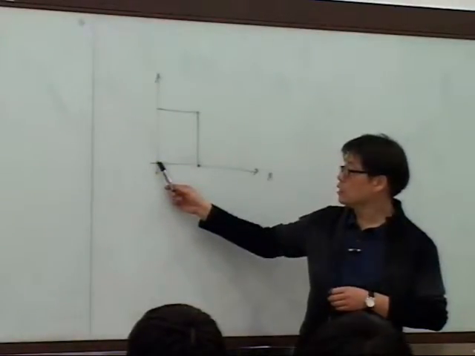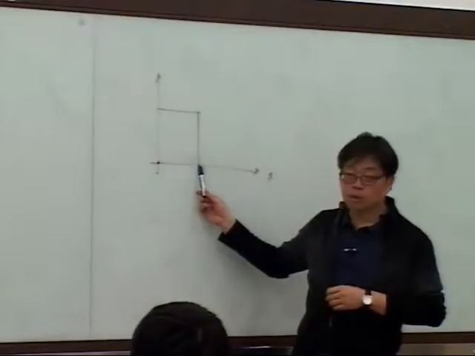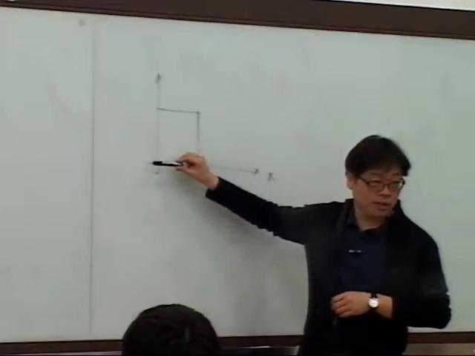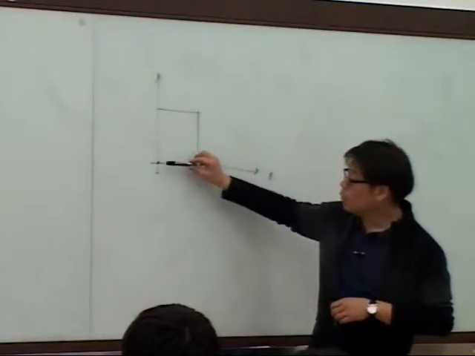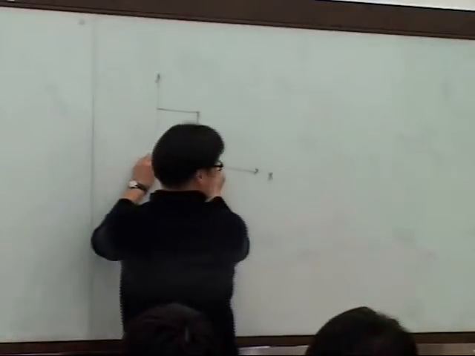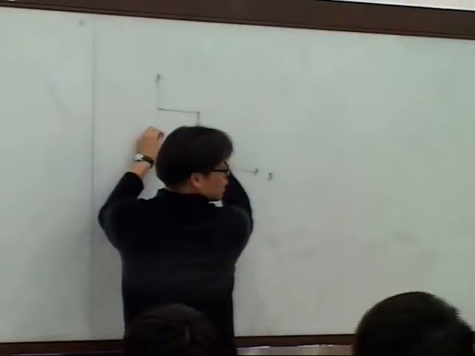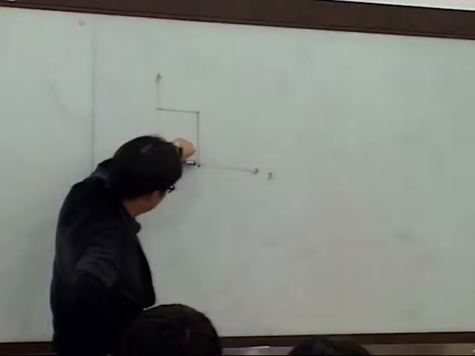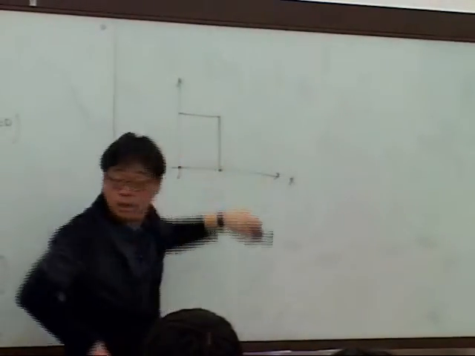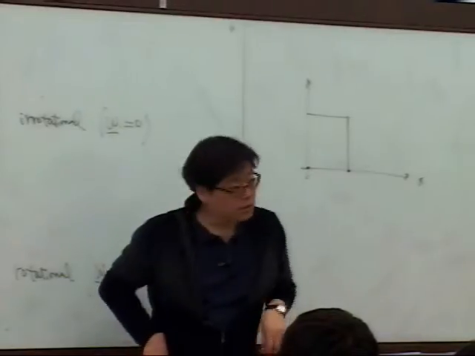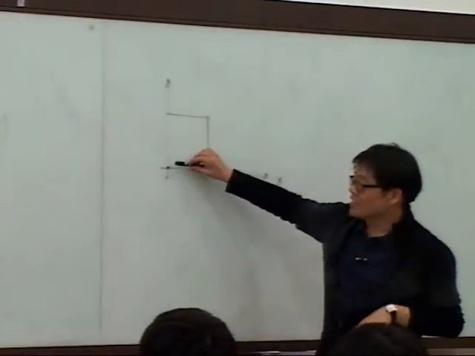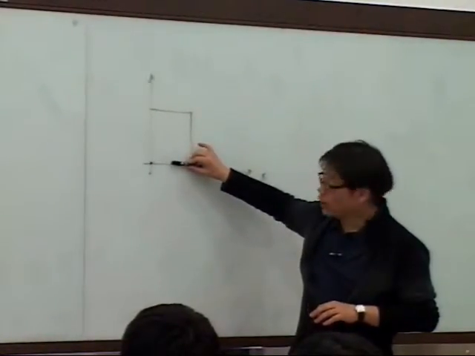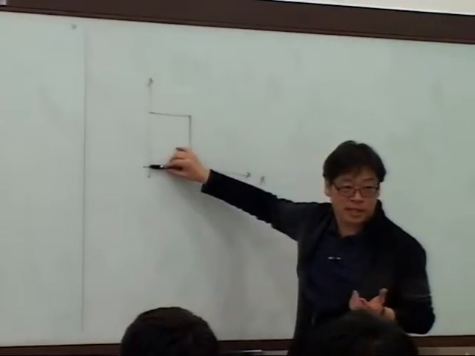Here, these two have the same u velocity because the y coordinates are the same. So what happens if these two move like this? If I have a fluid element like this, then these two move with the same speed in the x direction.